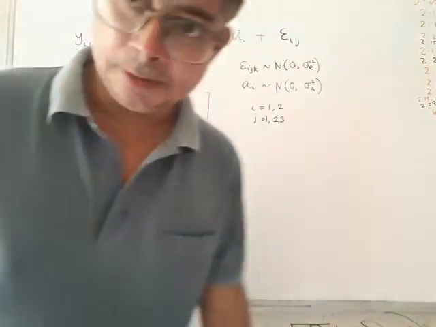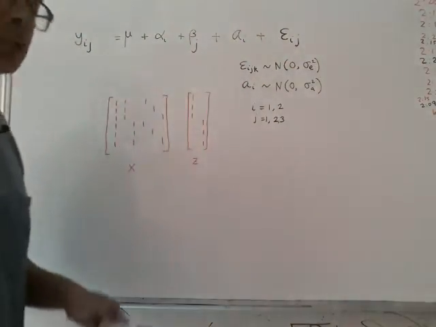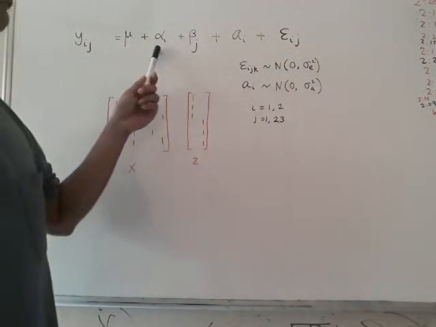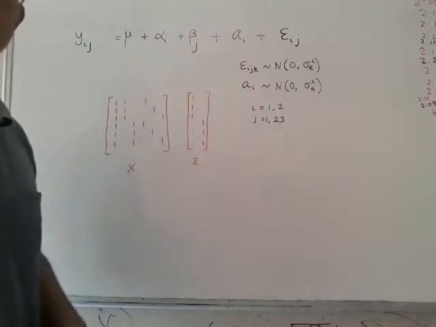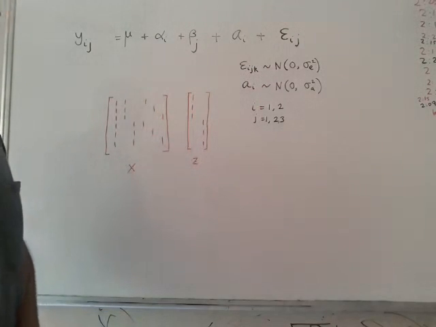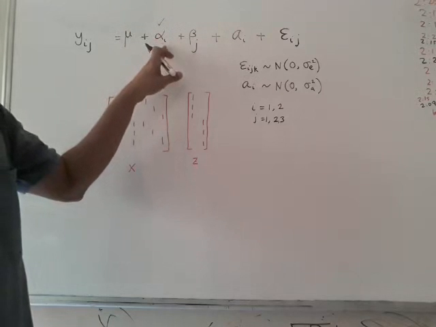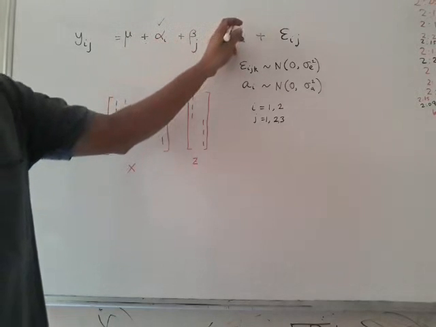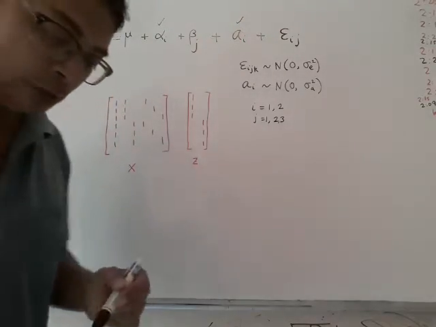The first type is where we have a model like this: mu plus alpha i plus beta j plus ai plus epsilon ij. The striking part here is that I have the input denoted by i as the fixed effect as well as the random effect. So this might look surprising.